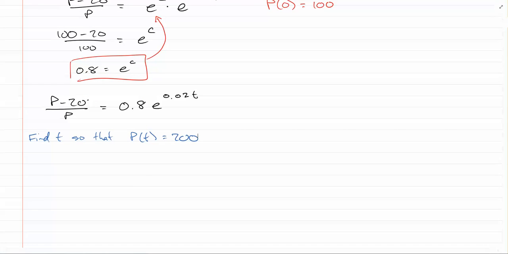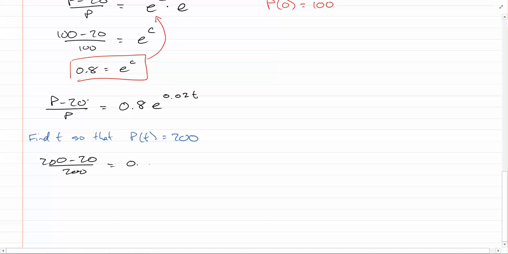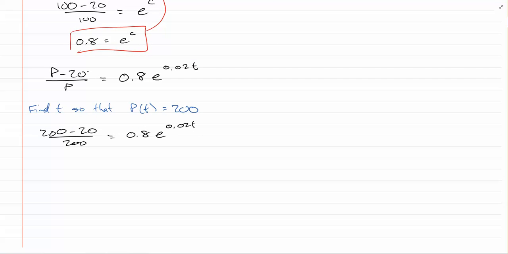So I don't really want p by itself, I actually want t by itself. So let me plug in 200 for p now, and really what I want to do is solve that for t.